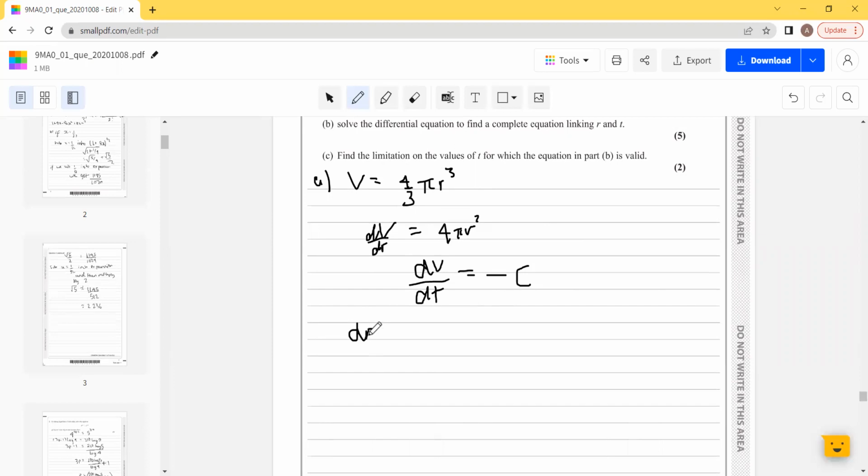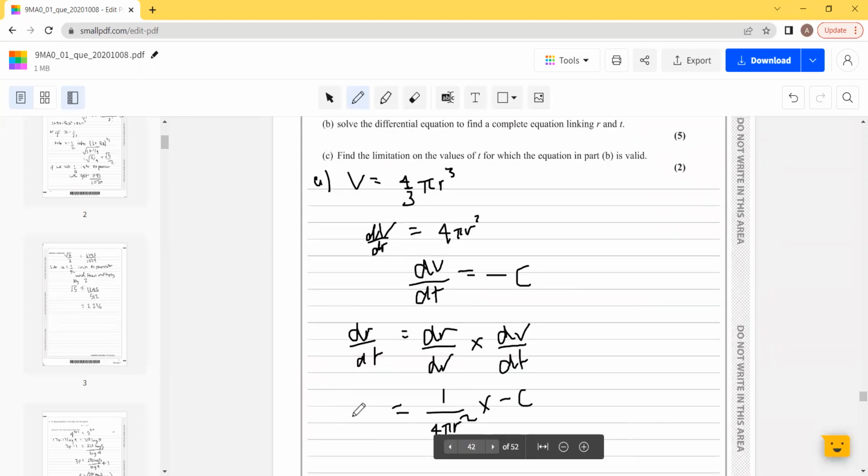So dr by dt is simply equal to dr by dV multiplied by dV by dt. Now dr by dV is just 1 over dV by dr. So it's 1 over 4 pi r squared times minus c. So this is dr by dt.